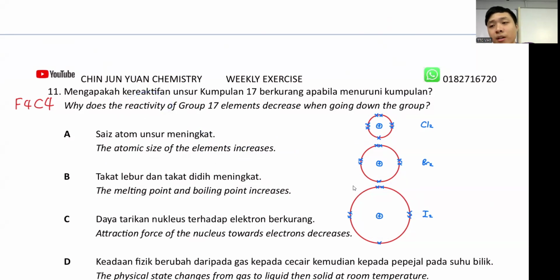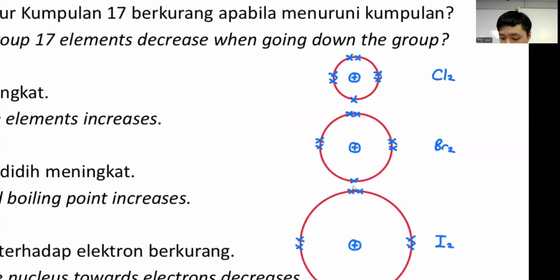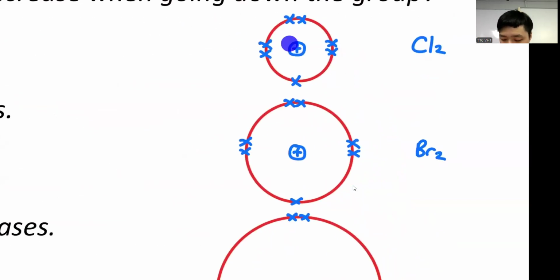Reactivity means is it reactive or less reactive? So in this case, out of the three, chlorine is the most reactive. Iodine is the least reactive. Why? Remember, if you see reactivity for group 1 and group 17, even for period 3, we always relate to the nucleus.